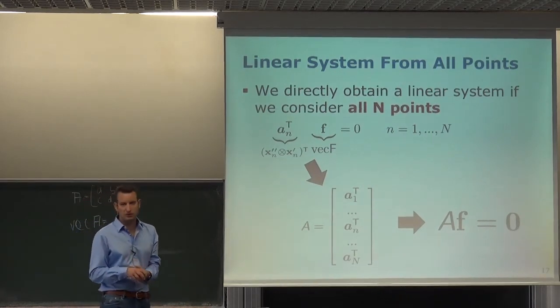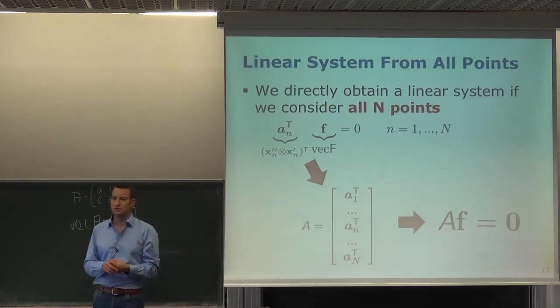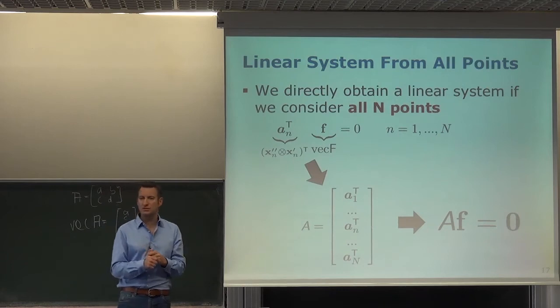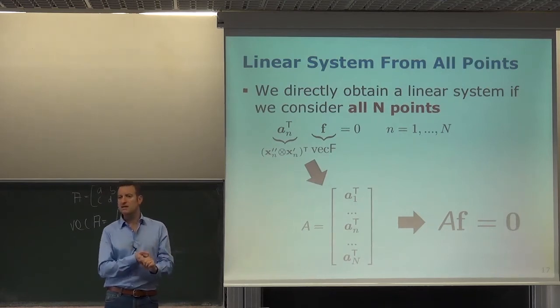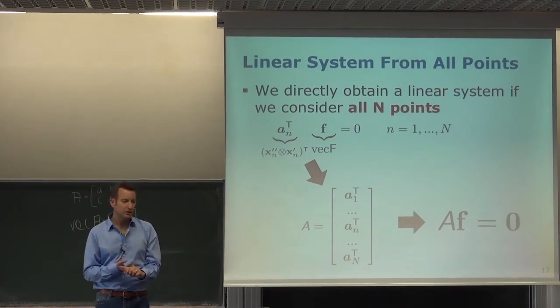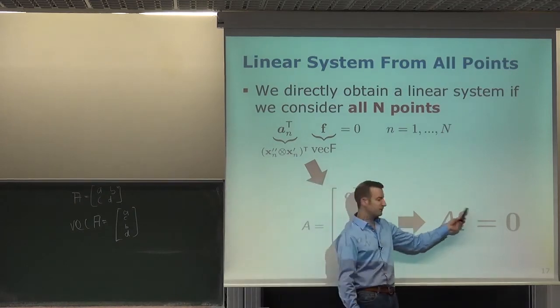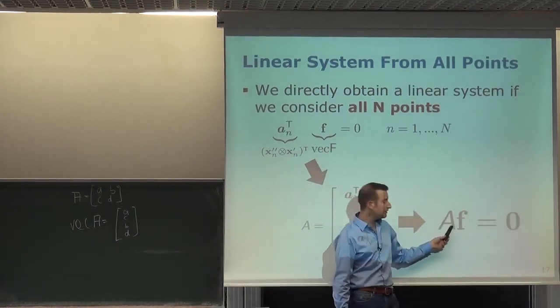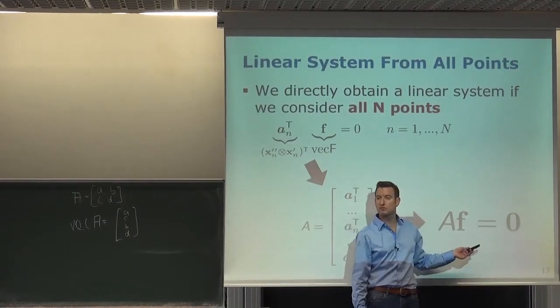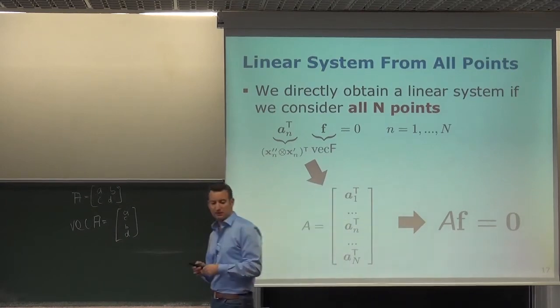So what I've done now, I've turned the coplanarity constraints of the individual pairs of corresponding points into one single equation where the unknowns are one vector, 9-dimensional, that contains the individual elements of the fundamental matrix. So the only thing I have to do now, if I want to compute my unknowns for my given matrix A, I need to solve this system of linear equations. And this is a 9-dimensional vector because I have 9 elements of my fundamental matrix.